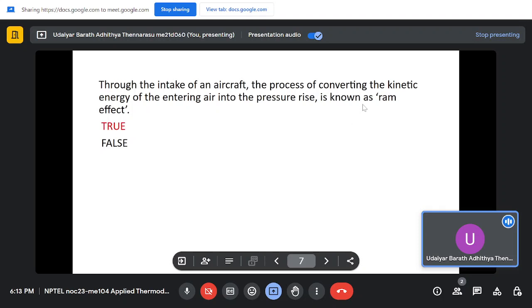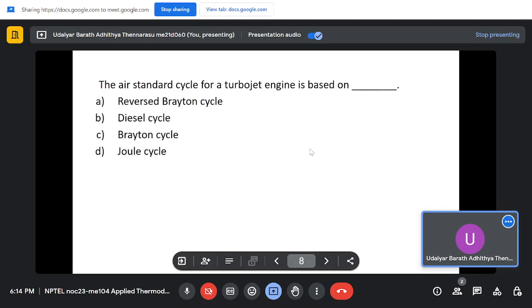This ram effect happens in all types of engine, and this phenomenon is used largely in the ramjet engine. The initial air has some kinetic energy. Part of that kinetic energy is converted to pressure energy, so it will create an increase in pressure. This effect is called the ram effect. So this is true.